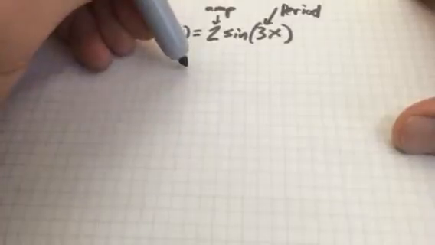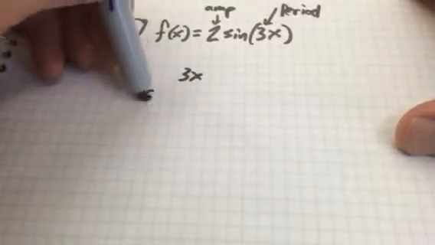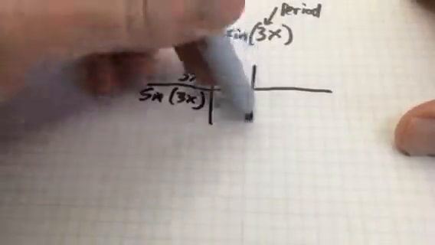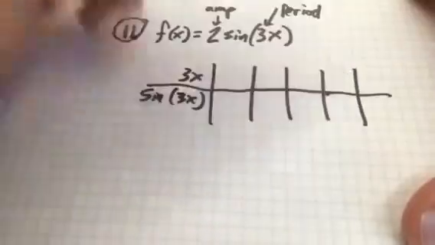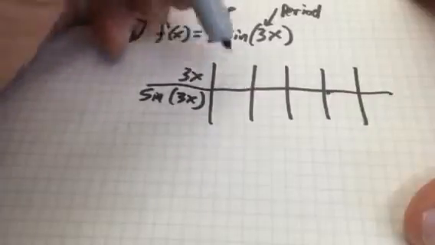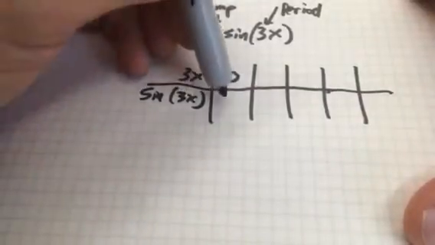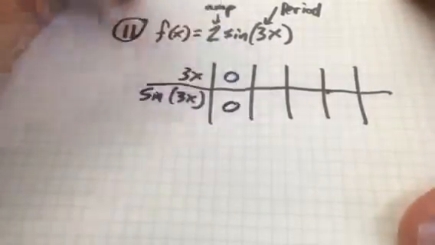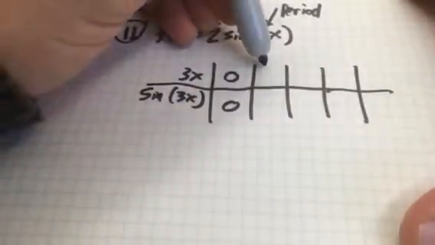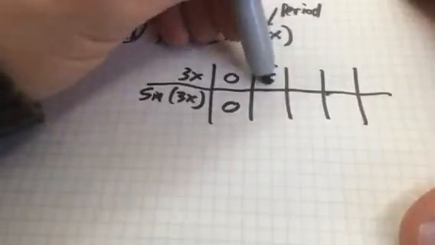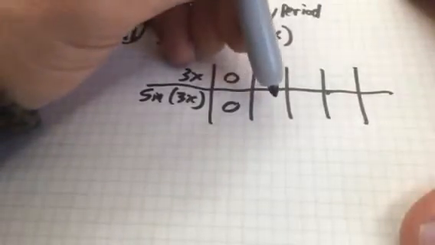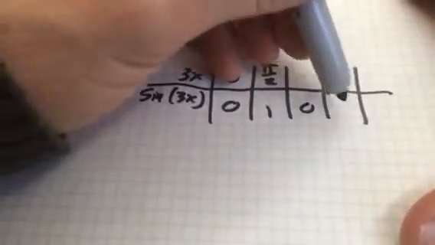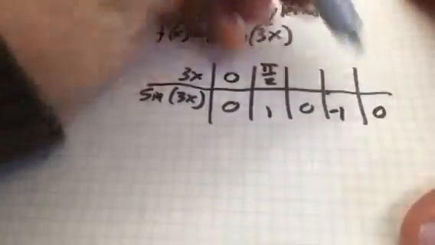If I had 3x and sine of 3x, I know that when 3x has the value 0, sine of that is 0, since sine is height and it starts at 0. When 3x is pi over 2, this ends up being 1, because sine goes up and then back down, then back down and then back up.